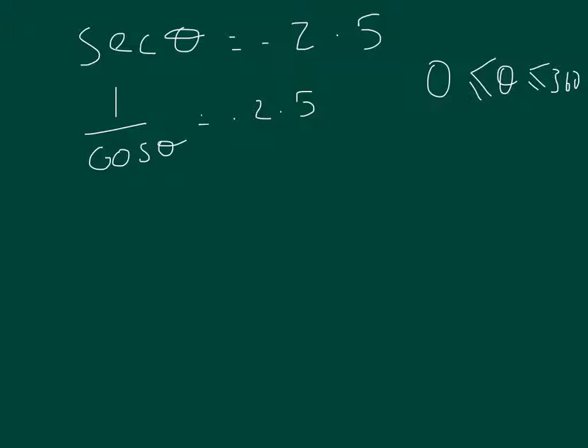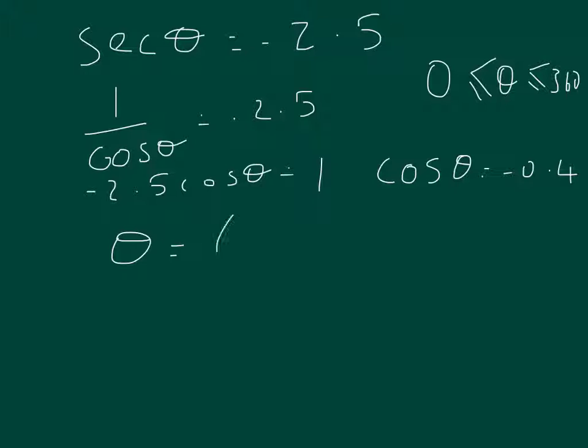So minus 2.5 cos theta equals 1. So cos theta equals minus 0.4. And when you put that in the calculator, theta equals 66.4 degrees.